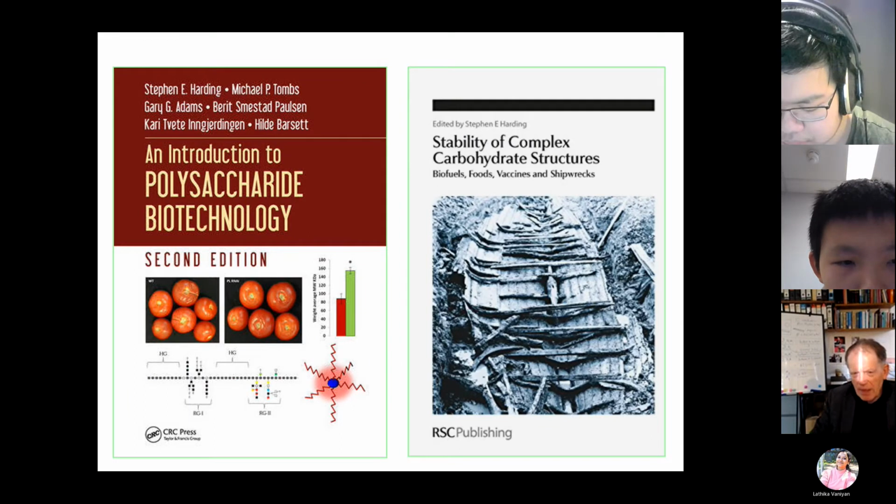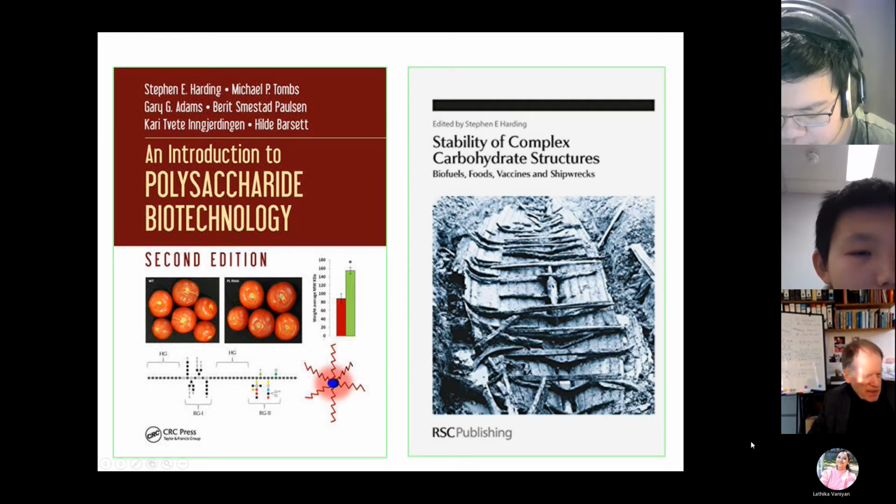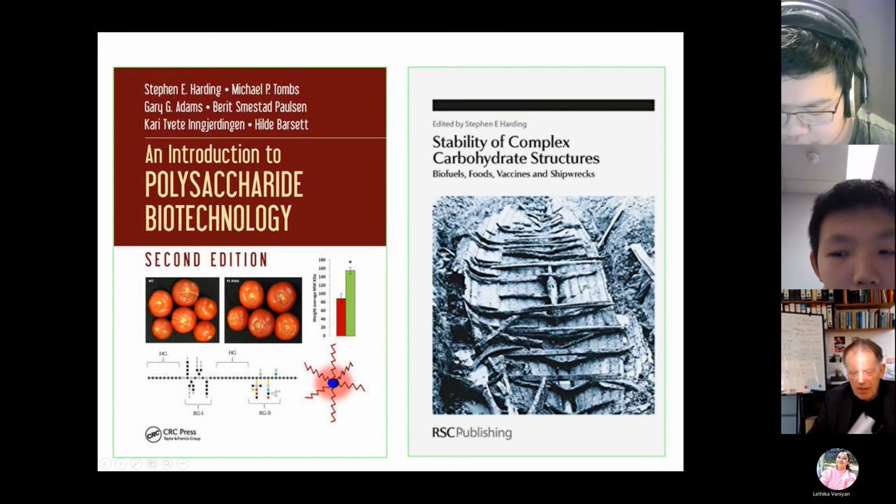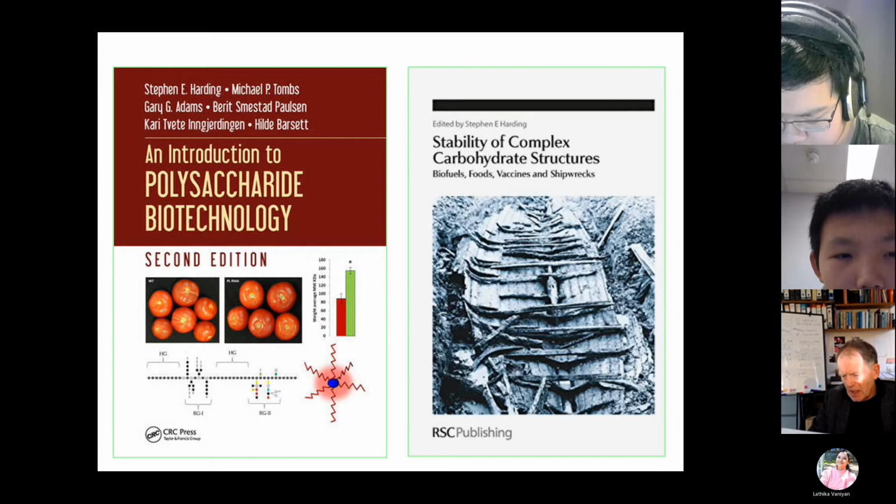You can reinforce that by referring to these books in the library. This one on the left covers the structures, and also the many biotechnological applications of these types of molecules.